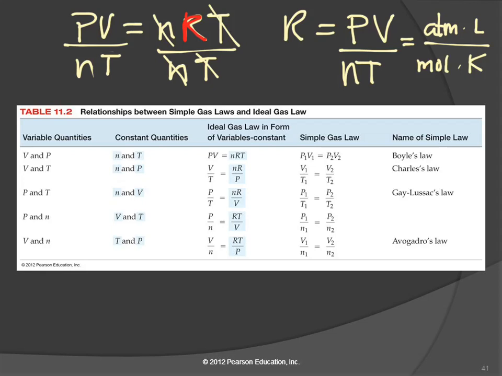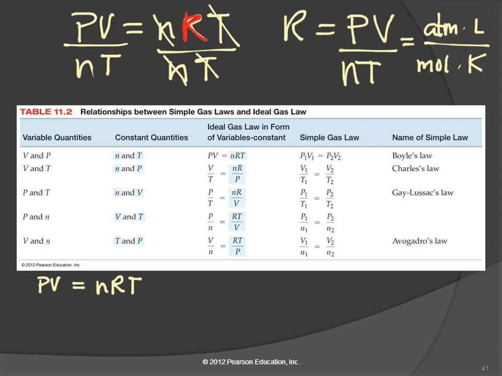I want to show you another kind of a trick here. So there's a lot of gas laws here, and you may be thinking, do I really have to remember all of these? Well, no, you could remember one, and I'll show you how you can make all of them out of it. So if you can remember PV equals nRT, pressure times volume equals moles times this constant times temperature.